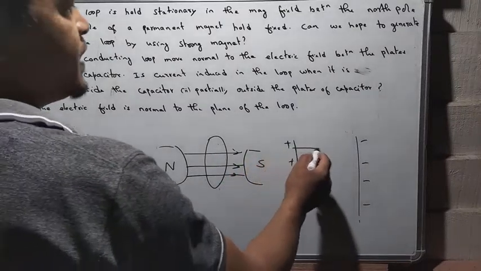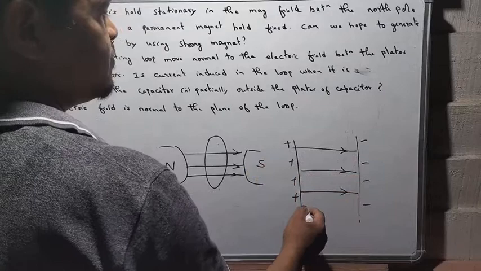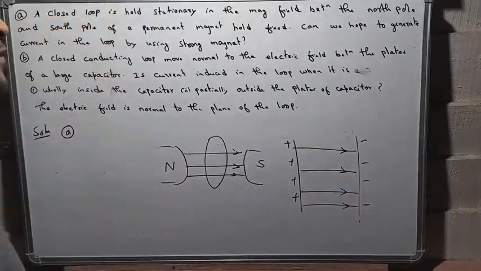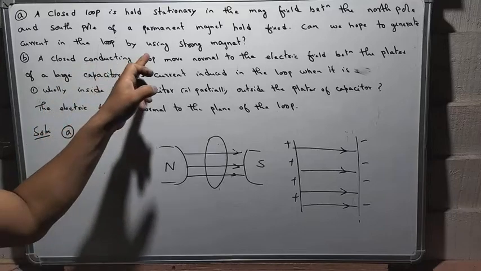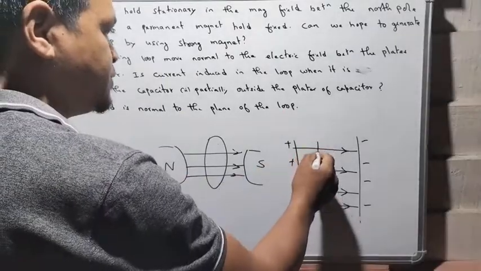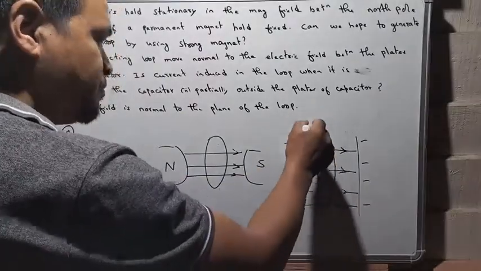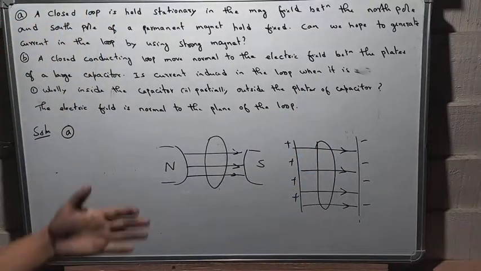So these are the electric field lines which are generated from positive to negative plates. Now what I have is a closed conducting loop and I move it normally in this way, which is perpendicular to the electric field.